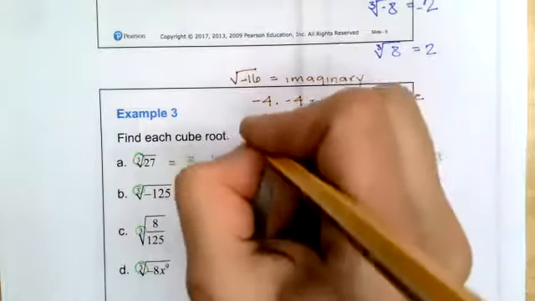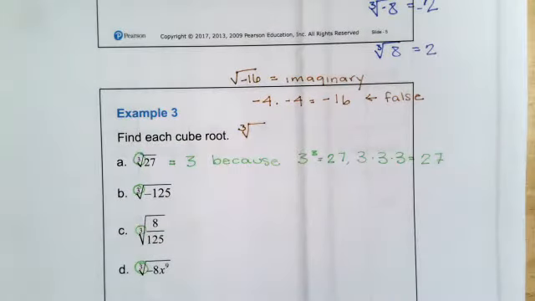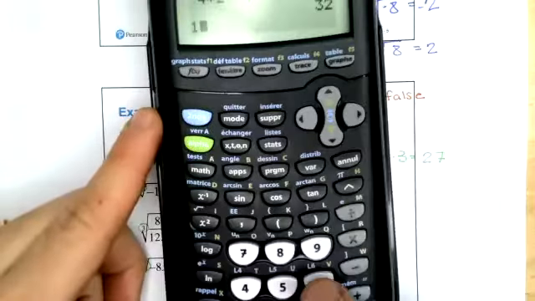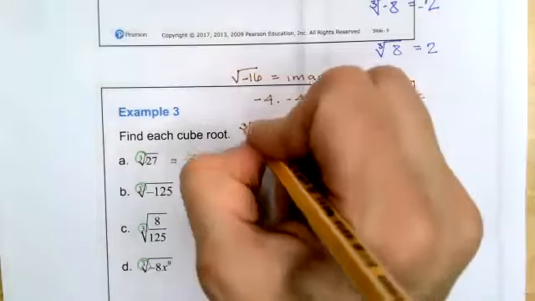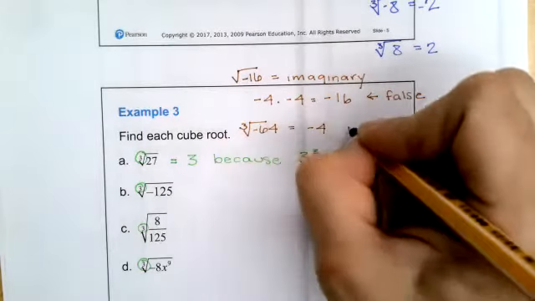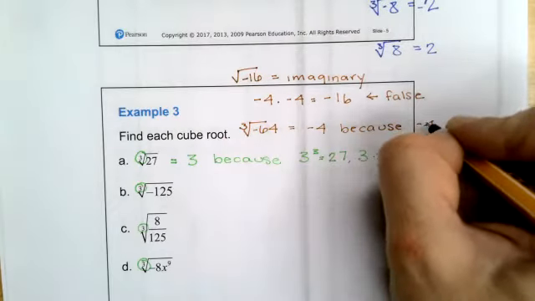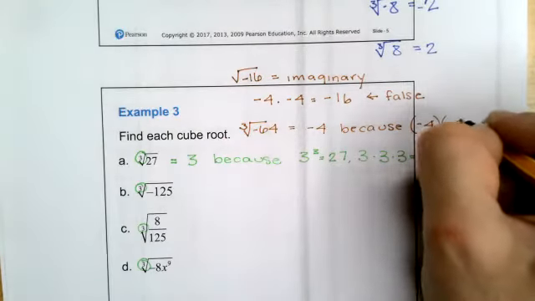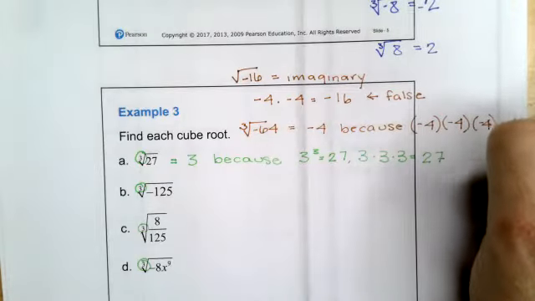But you can say that the cubed root of -64 is -4, because -4 times -4 times -4 does equal -64.